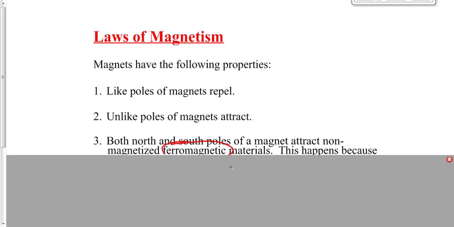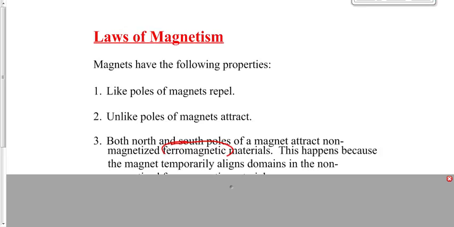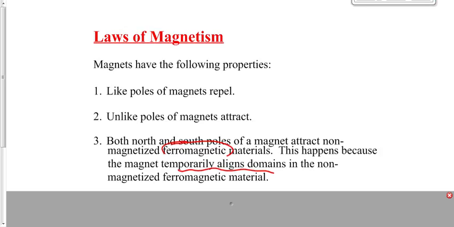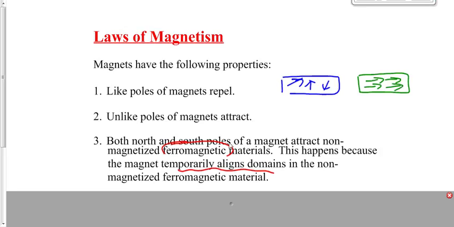And why? Well, it's essentially because the domains in the magnet, the one that's already magnetized, temporarily align the domains in the non-magnetized ferromagnetic material. So for instance, you've got your non-magnetized thing right here with domains pointing in random directions. You bring the magnet nearby that has the domains aligned like this. That causes the domains in this one to temporarily align like this. I don't know if you guys remember this, but when we talked about electric fields, if the electric fields joined up, then it meant attraction.